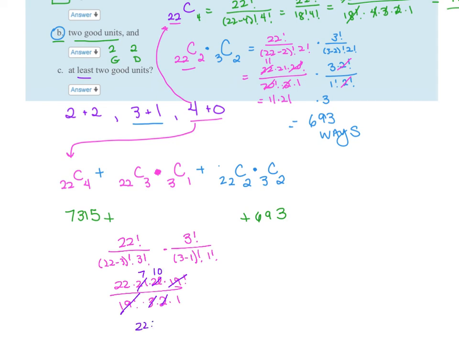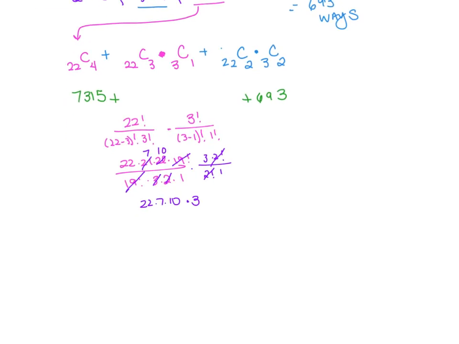So we have 22 times 7 times 10, then 3 times 2 factorial over 2 factorial times 1, which is just times 3. So 7 times 3 is 21, times 10 is 210, times 22 is 4,620.